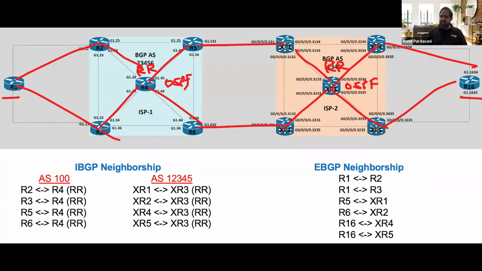Since that is the same, it goes to the next criteria, which is origin. So he would then compare the origin code.